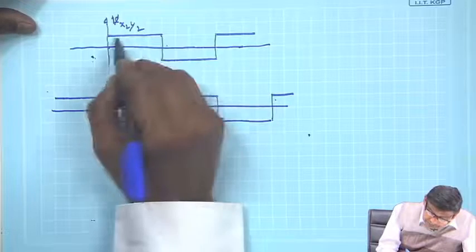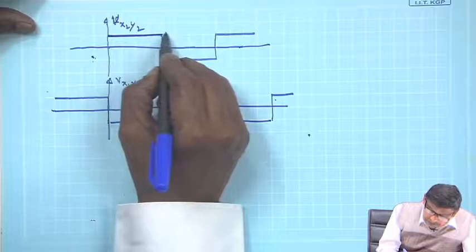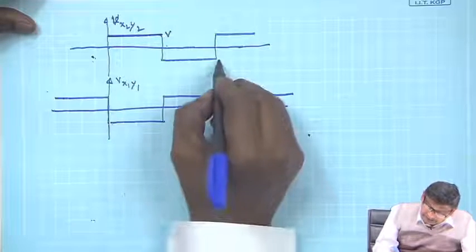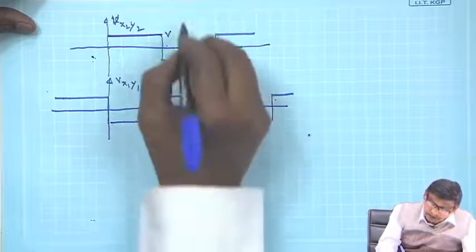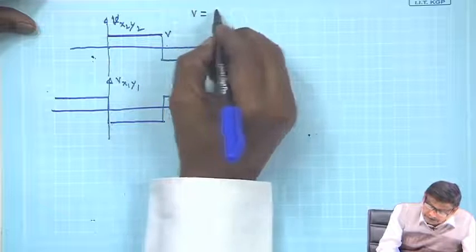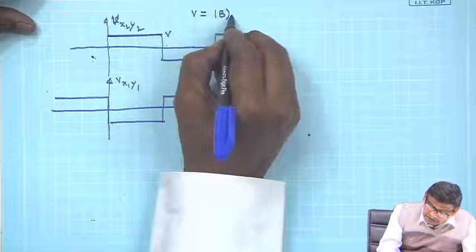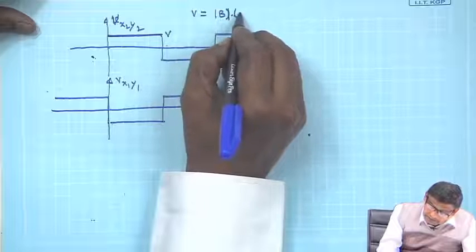Suppose this maximum level of voltage is V, and then this must be minus V, because V, what is V? V is the magnitude of B into L into v.